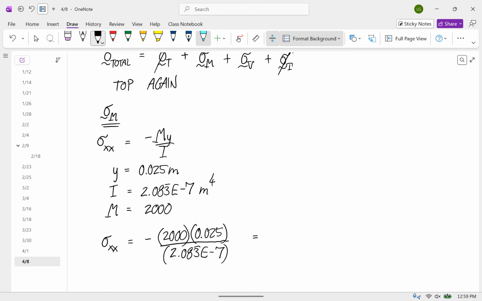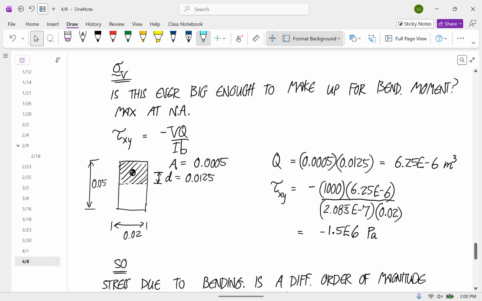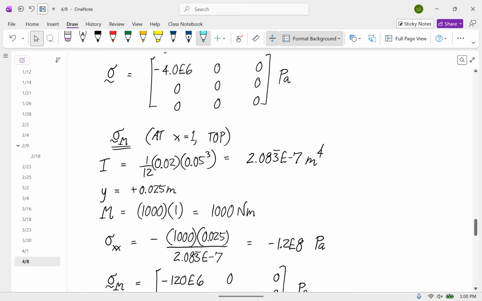What did you get? I? We already calculated that before. Where was it? Here. 1/12 times the base times the height cubed. Oh.